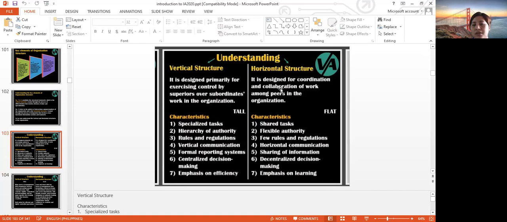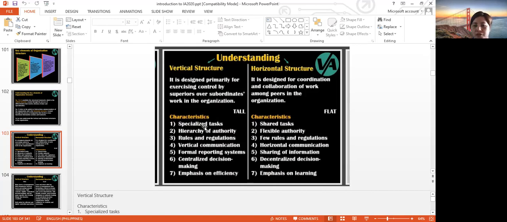Horizontal structure is designed for coordination and collaboration of work among peers in the organization. So there is empowerment here. Since there is no one to control the accomplishment of the task, it depends on the weight of the job. So they are free, just like I said, to ask opinions from their co-workers, even if the co-workers are not from their team.